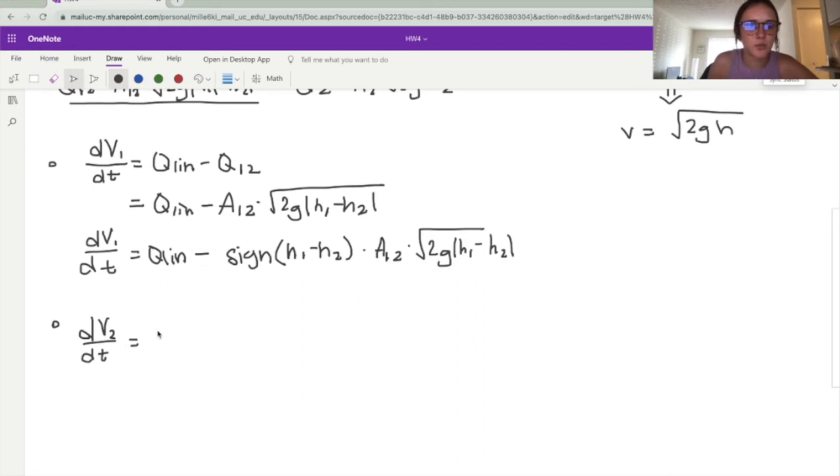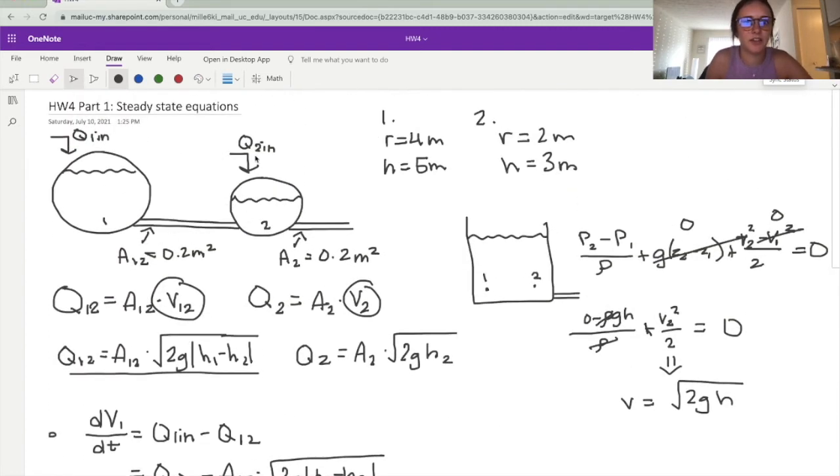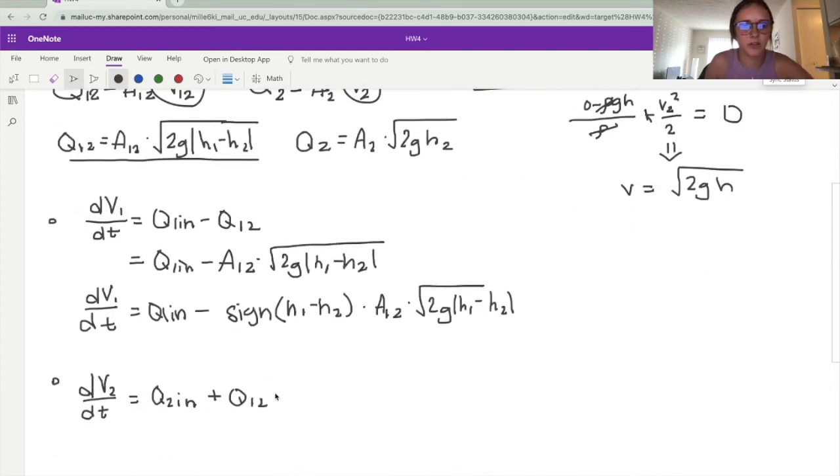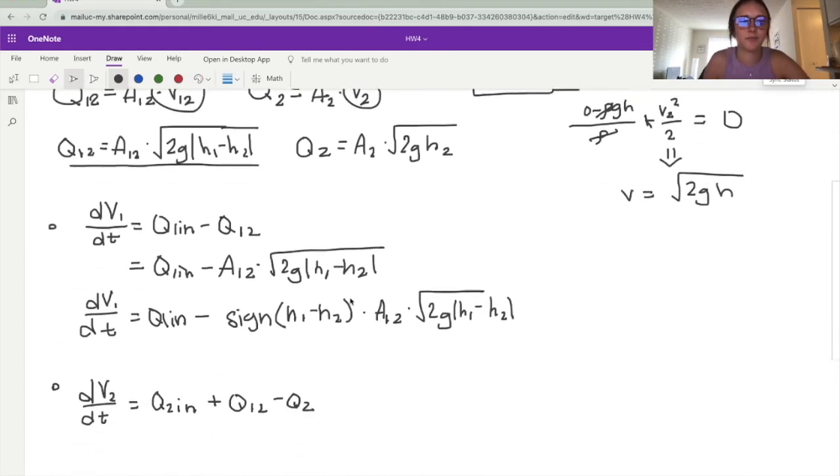And so for this one, we are going to have Q2 in minus Q12, or I'm sorry, plus Q12, because Q12 is coming in and this is coming in, and then we are going to have minus Q2, because that is what is coming out of this tank.